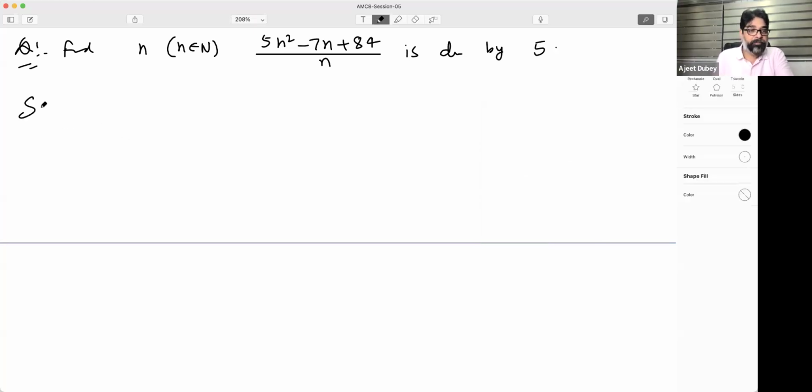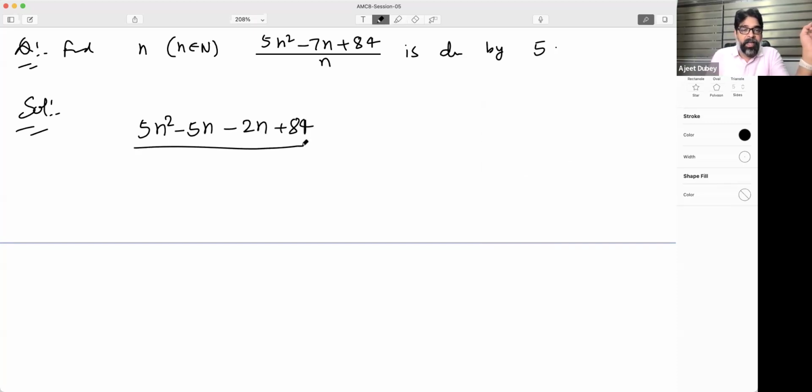Let's do it. First thing is that this whole expression should be an integer, divisible by 5. I'm just changing something: 5n square minus 5n minus 2n plus 84, divided by n. I can make pairs. Here I can take 5n common and I will get 5n times n minus 1, divided by n.